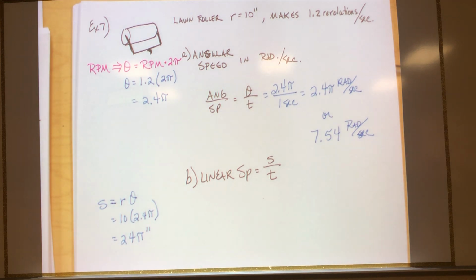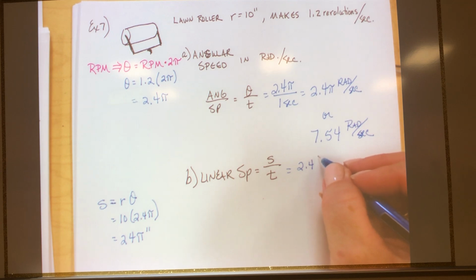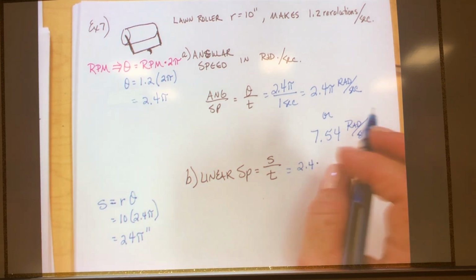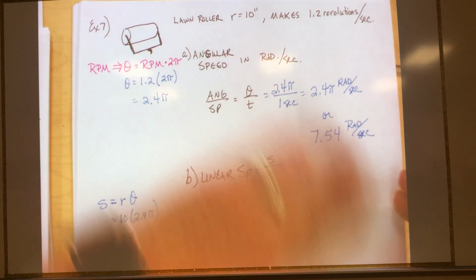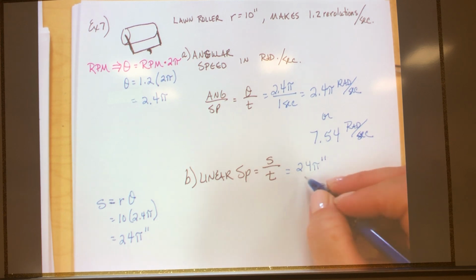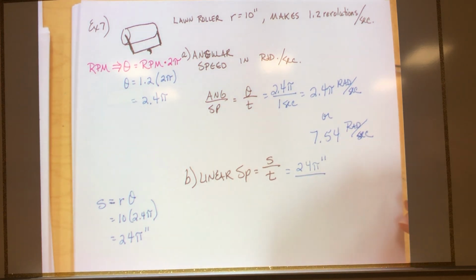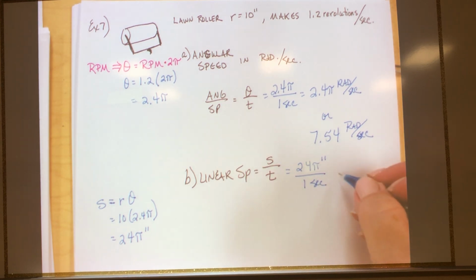So it's 24 pi inches, sorry, not 2.4. 24 pi inches over, what's my time? 1 second. Still 1 second. So if you can leave it like that, that's 24 pi inches per second.